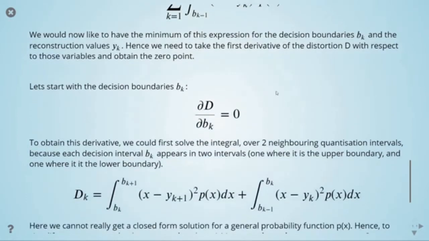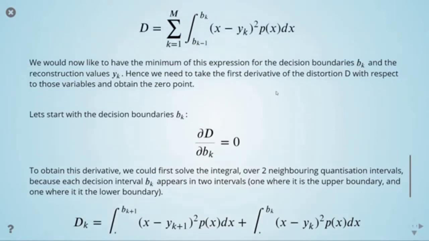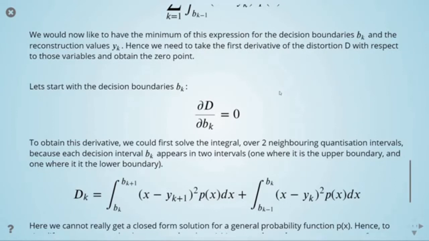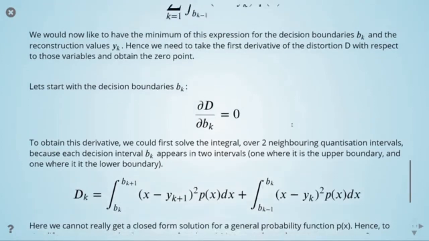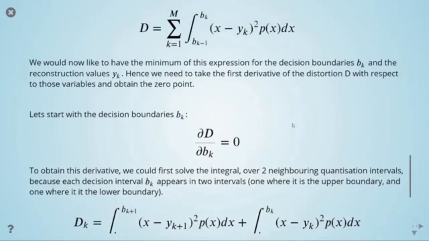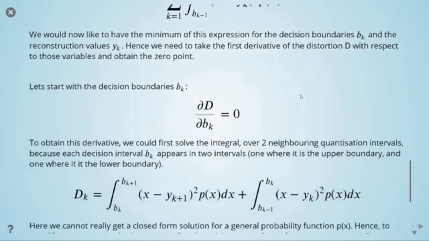What we can do is solve the integral over two neighboring quantization intervals, because each decision boundary b of k appears in two intervals, one where it is the upper boundary and one where it is the lower boundary. So we have here the lower boundary and here the upper boundary. So we're dividing the integral, solving it over two neighboring quantization intervals.